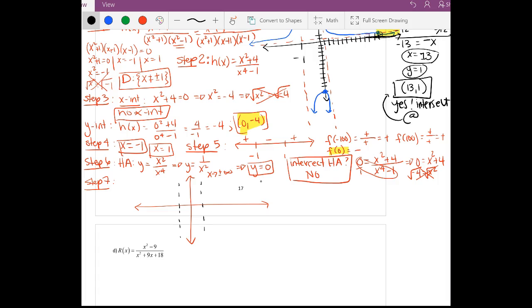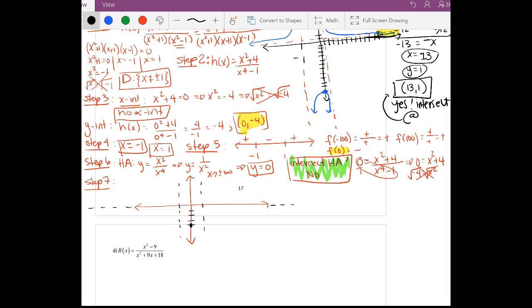I do have a y-intercept at 0, -4. There you go. I do have a horizontal asymptote at y equals 0, so I'm going to extend this line. Okay, so besides those things, I don't have anything else to plug in. I'm not going to touch my HA this time, okay, so keep that in mind.